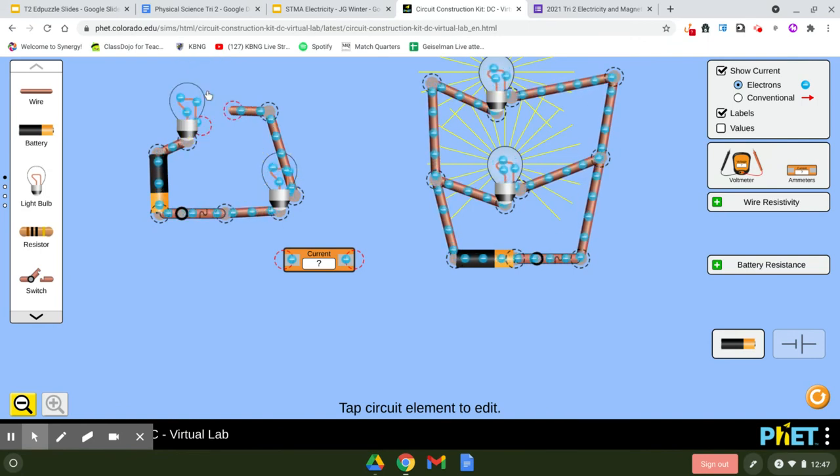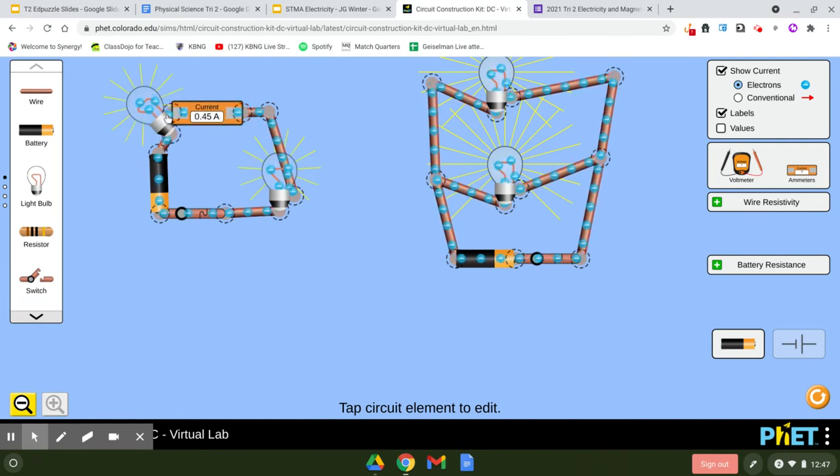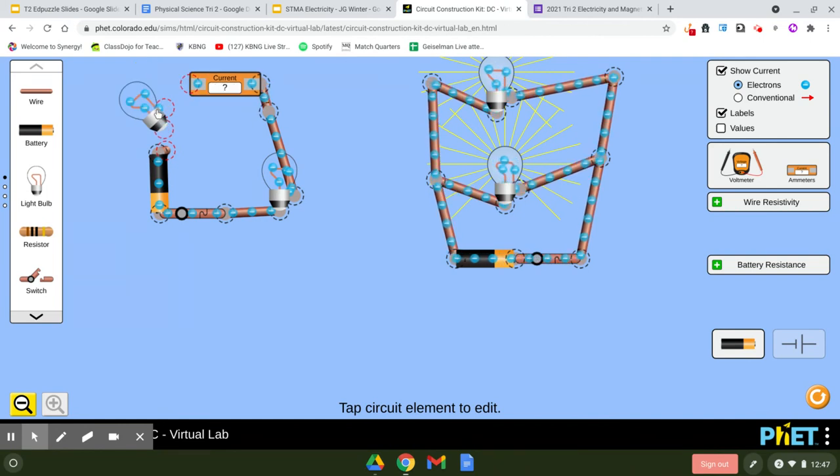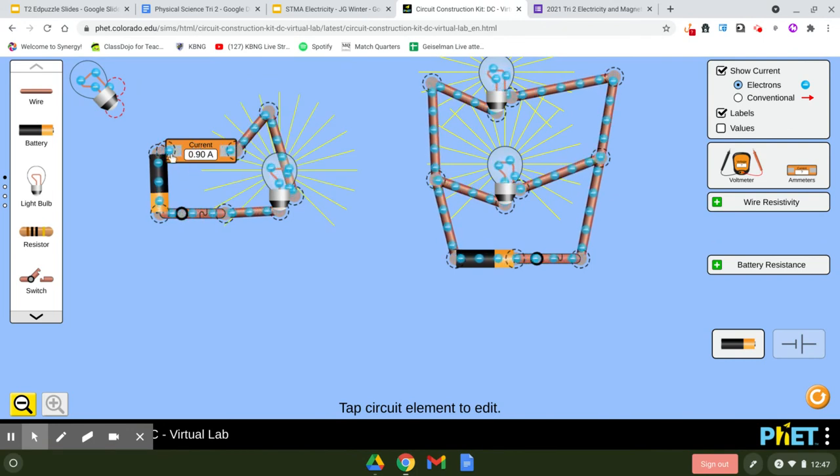If we open this one up and stick the ammeter in here, we're going to notice that it is half that same current, 0.45. If we get rid of this light bulb, we'll see that now our current is back at 0.9 amps.